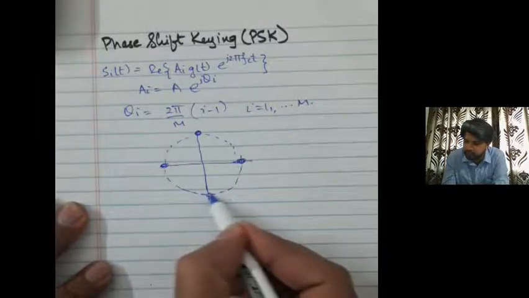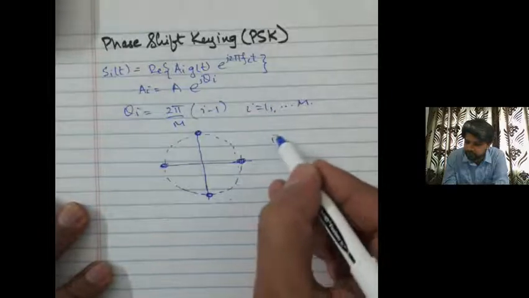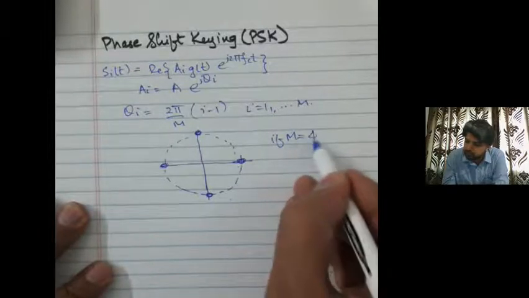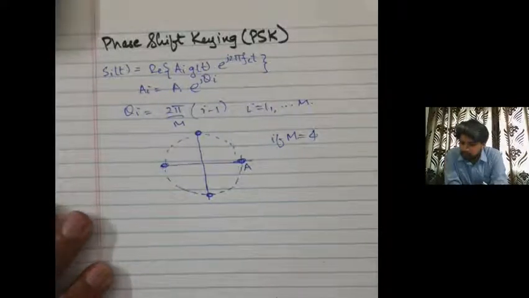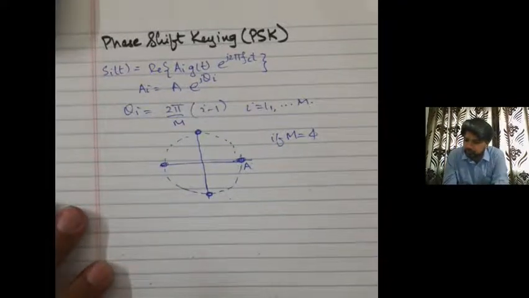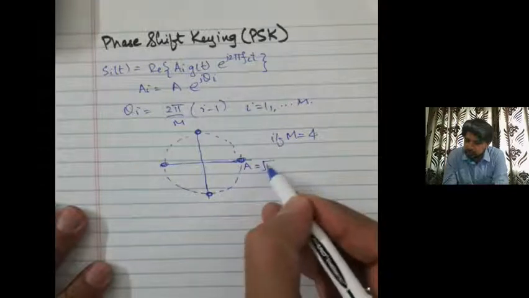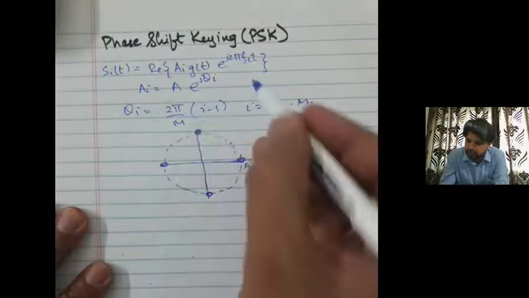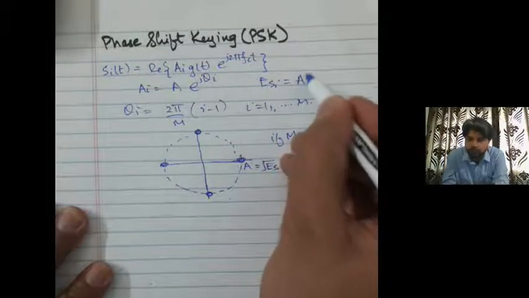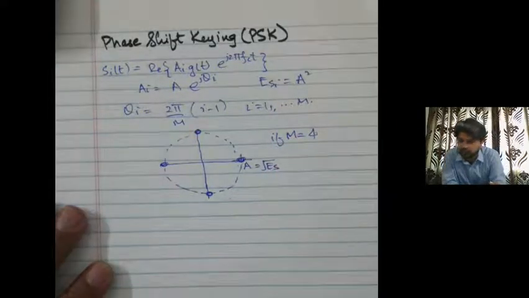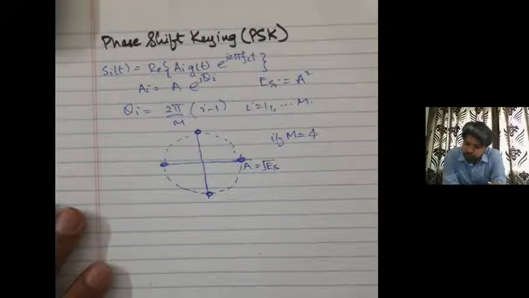For example, if M is equal to 4, this length would be A, so this is your amplitude, and remember this would also be equal to root of Es, because your symbol energy Es_i would be equal to A squared for all the constellation points in this case. So this root Es would be your symbol energy under root, that is the radius of the circle as well.